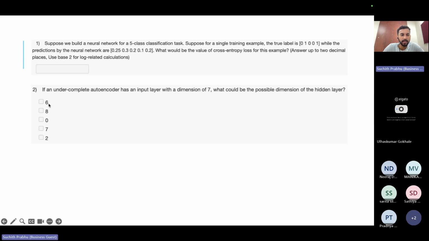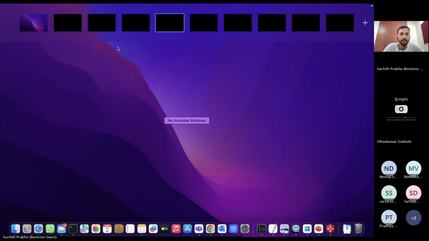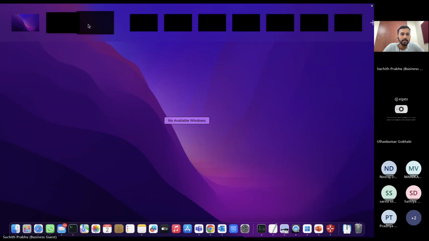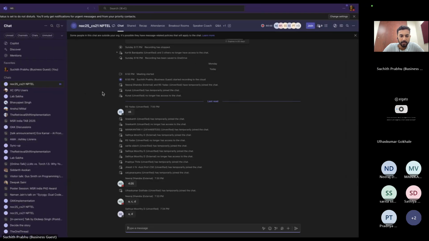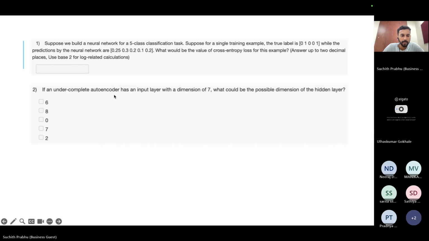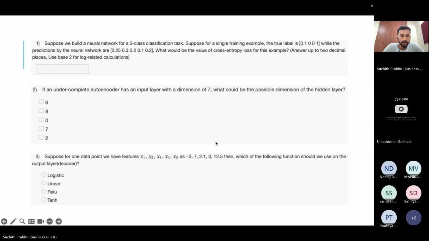So it should be 6 and 2. Yeah, so it's 6 and 2.